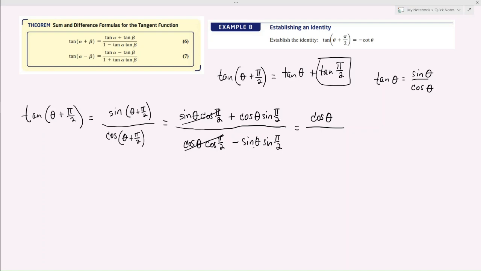But we're going to subtract the sine of theta times the sine of pi over 2, which is again 1. So here we get a negative sine of theta. And so what do we call the cosine over the sine? We call it the cotangent, and it's negative, so we can simplify that as the negative cotangent.